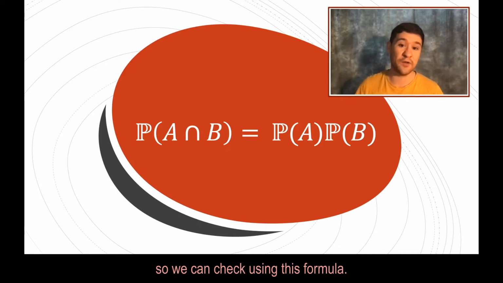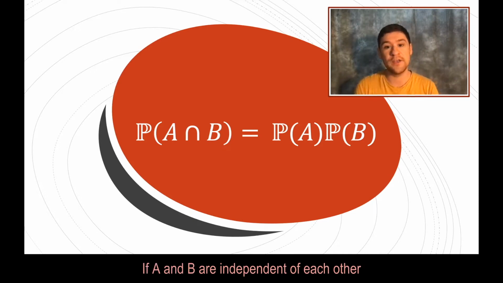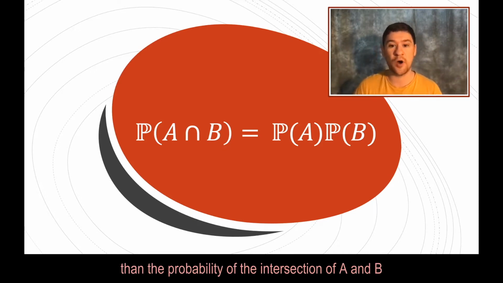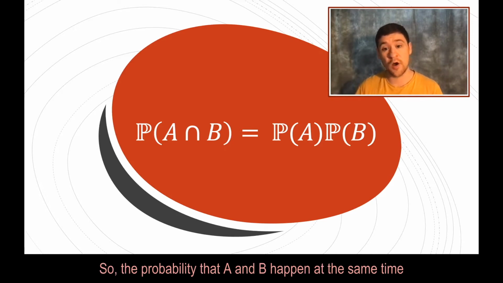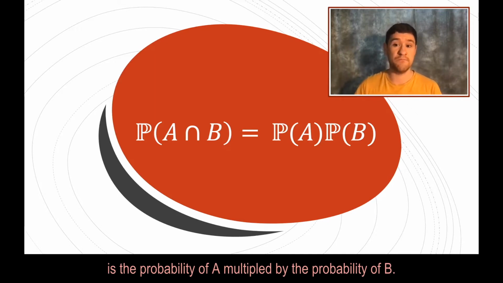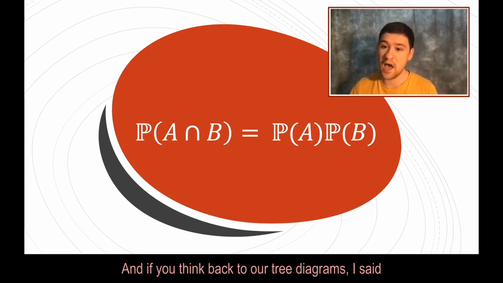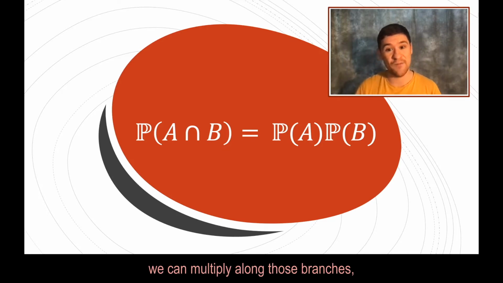So we can check using this formula. If A and B are independent of each other, then the probability of the intersection of A and B is equal to the probability of A multiplied by the probability of B. So the probability that A and B happen at the same time is the probability of A multiplied by the probability of B. And if you think back to our tree diagrams, I said we can multiply along those branches.